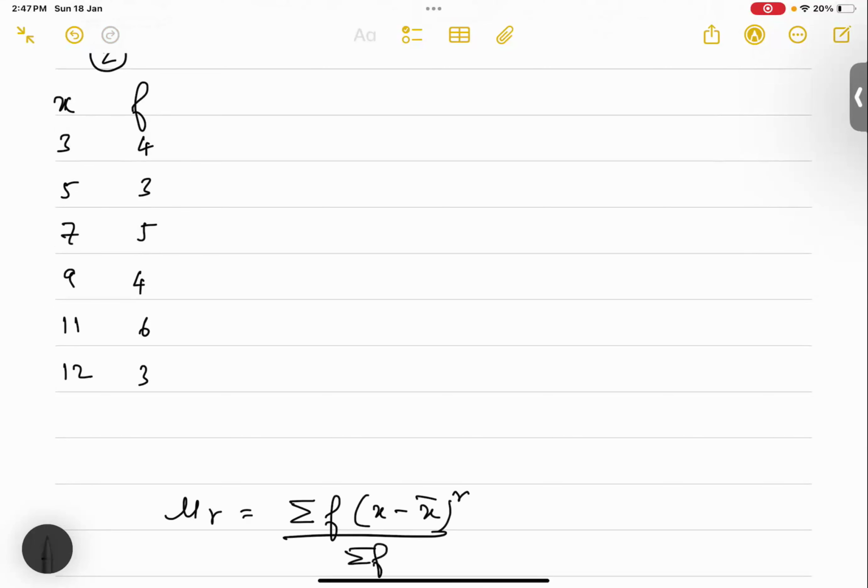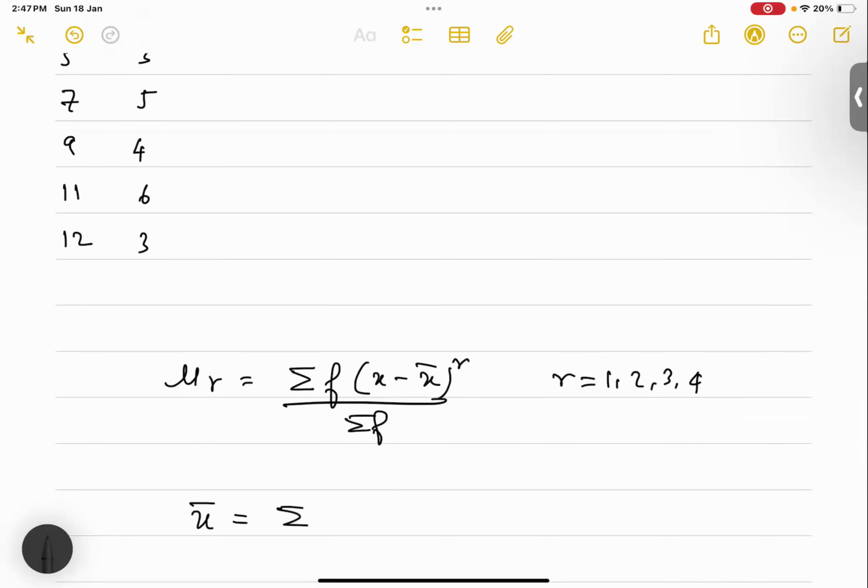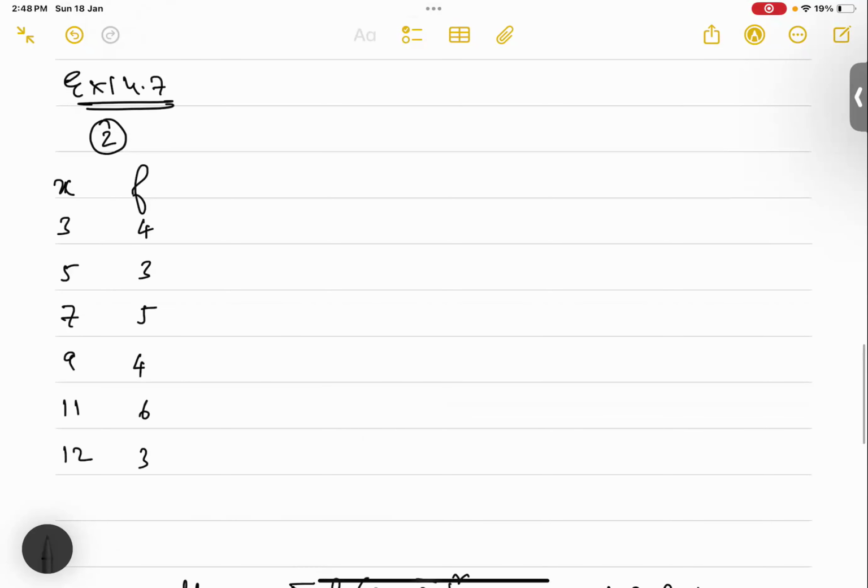This is frequency based data. In frequency based data, mean is not summation x upon n. Mean is summation f into x upon summation f. Now summation is beside f into x, so the first column we are going to prepare is f into x. That is 12, 15, 35, 36, 66, and 36.